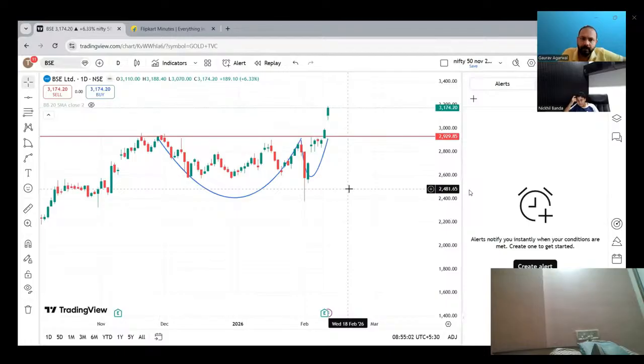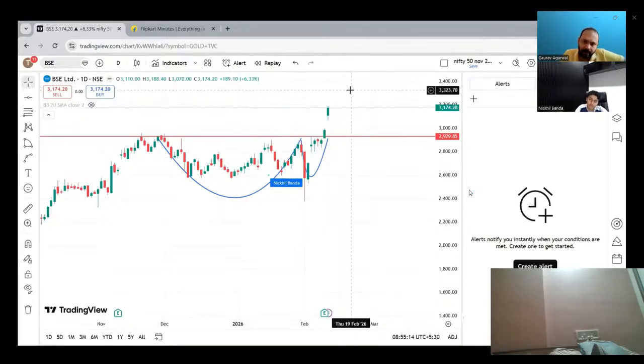Yes, I see that. And there's a breakout, you can see that, and after that it went up as well. So the target is coming around 3400.